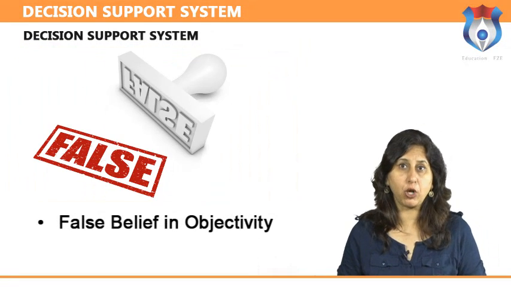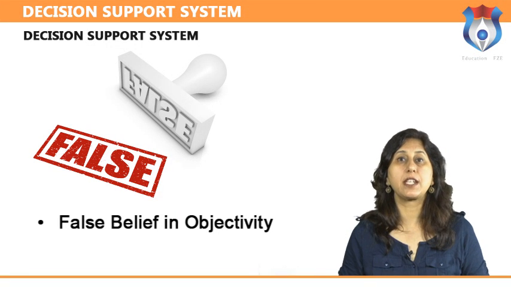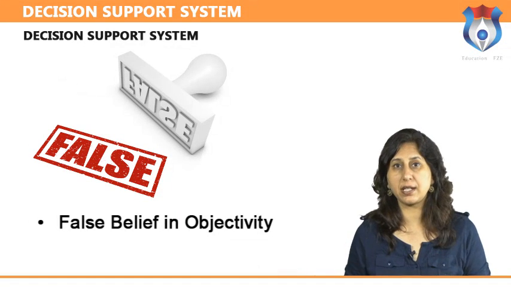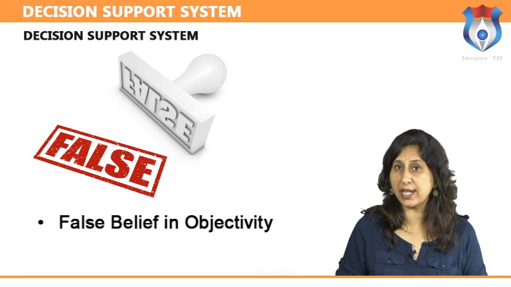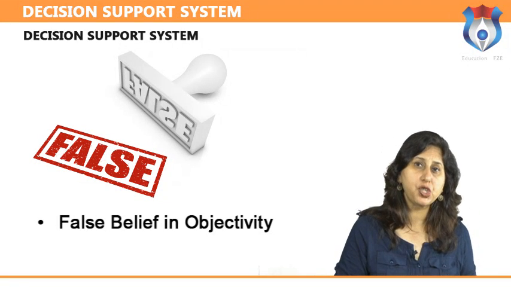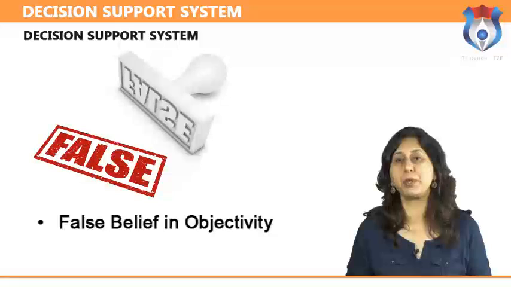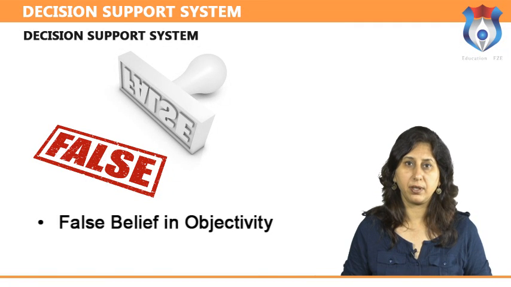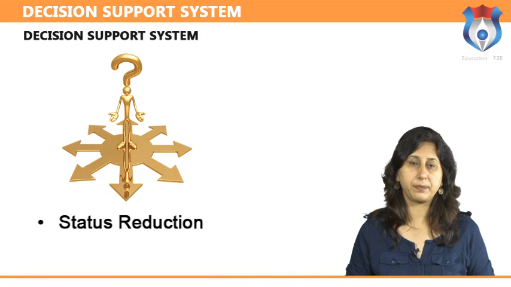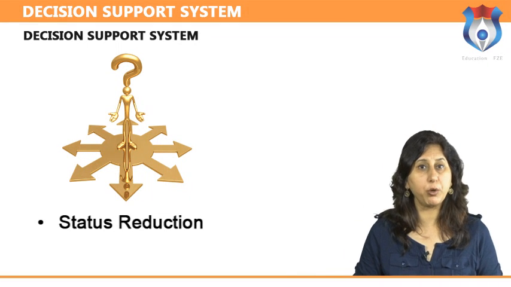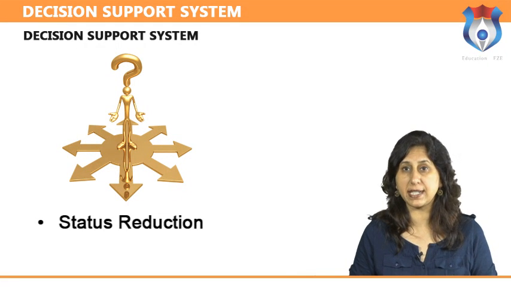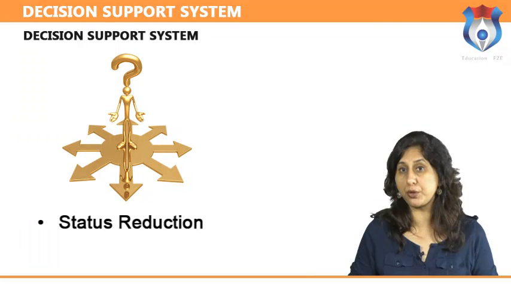False belief in objectivity. It is an overstatement to suggest that people using a decision support system are more objective and rational than managers who are not using computerized decision support. Status reduction. Some managers argue using a decision support system will diminish their status and force them to do clerical work.